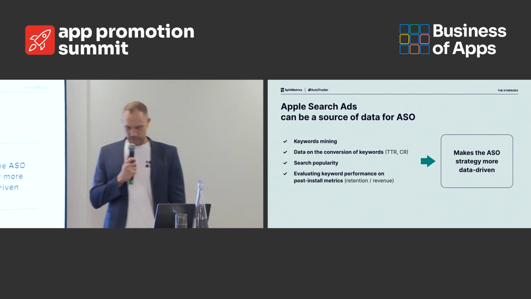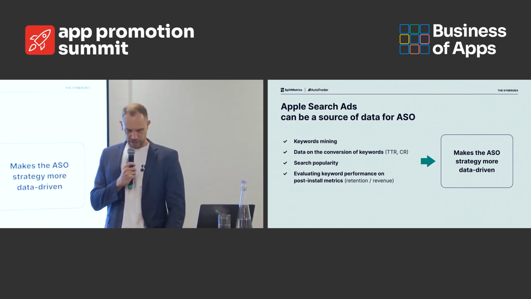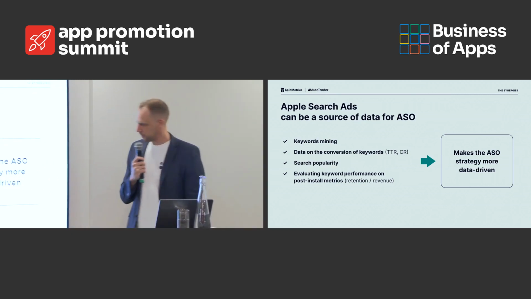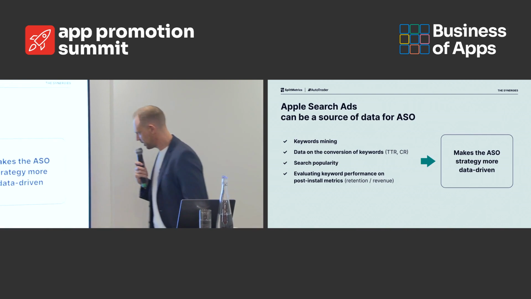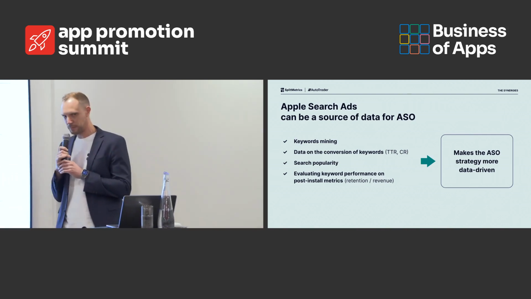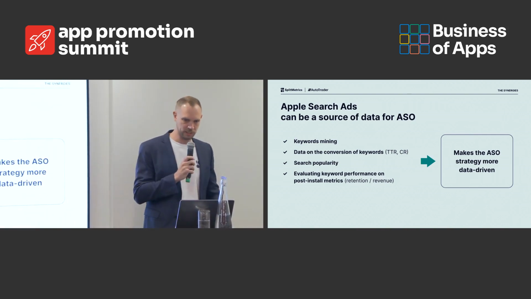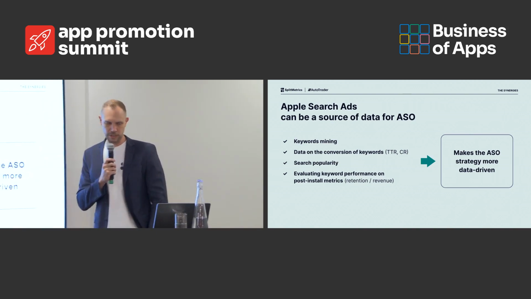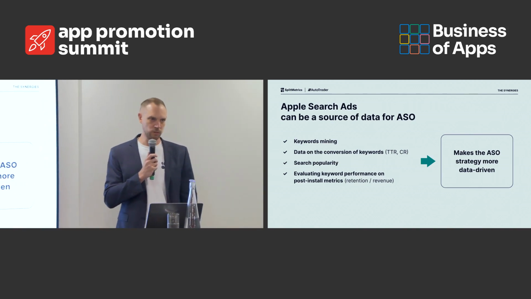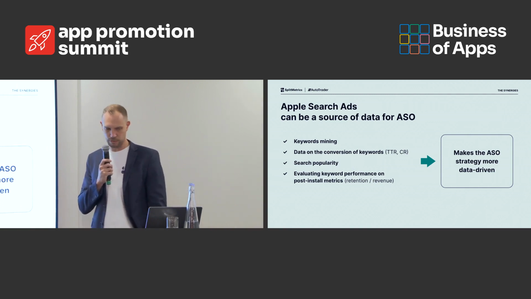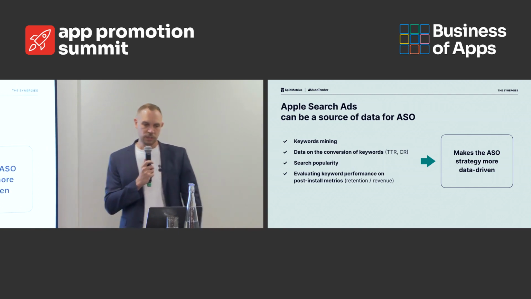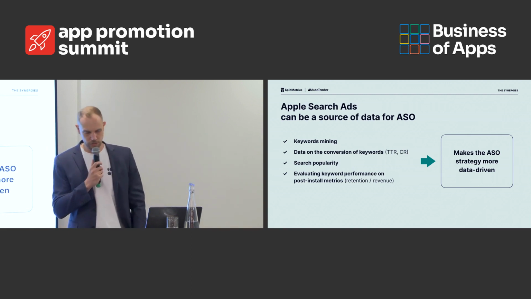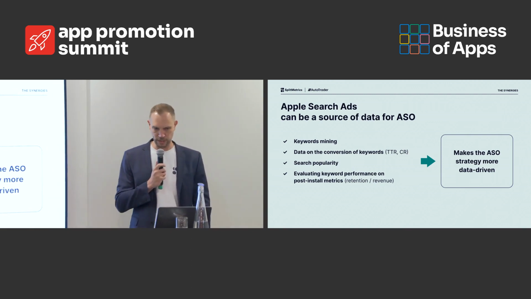A little bit more going into depth, why Apple Search Ads can also be an amazing data source for ASO. Also here, I think the very important statement upfront: when we talk about ASO, it should not be guesswork. It should really be a data-driven approach. So this means with the help of ASA, you can do keyword mining. You are getting suggestions directly from the Apple Search Ads platform. You can also use a tool like SplitMetrics Acquire, for example, which also helps you find the best keywords for your app.